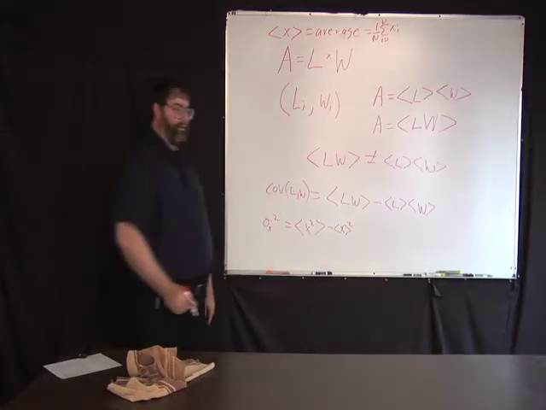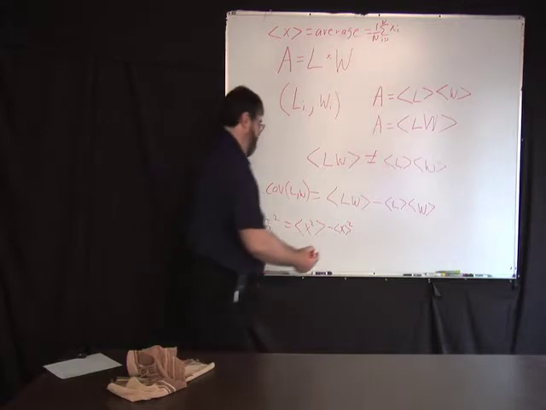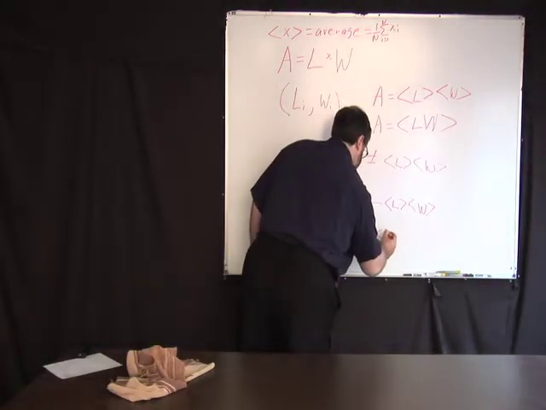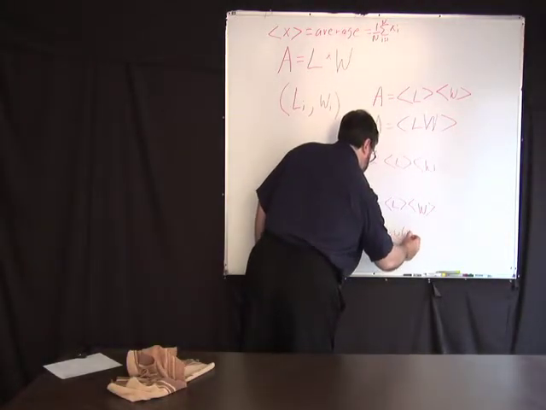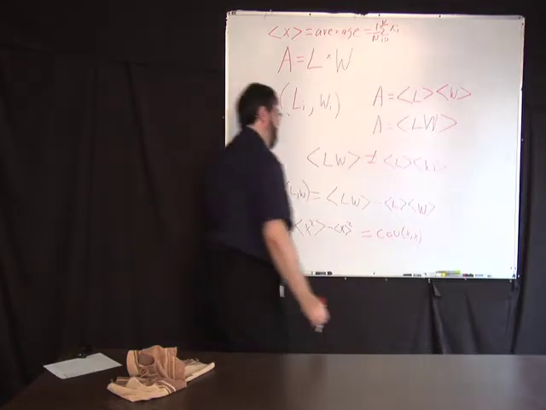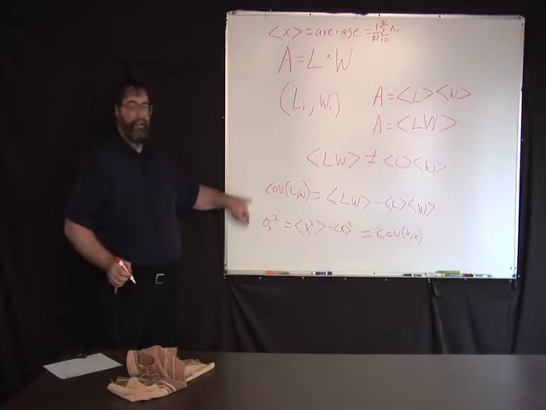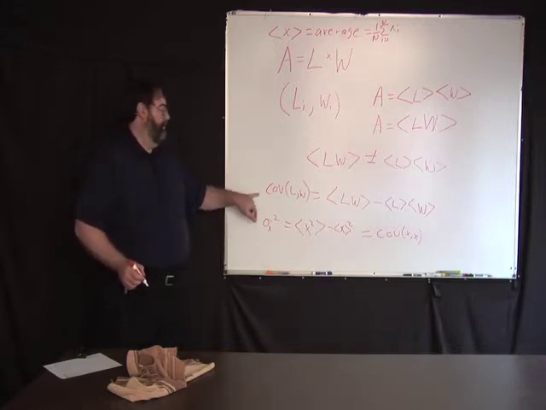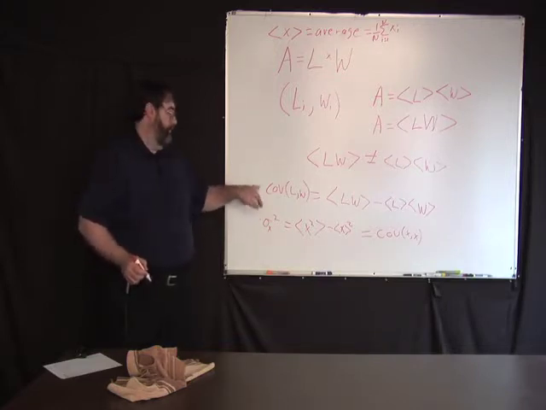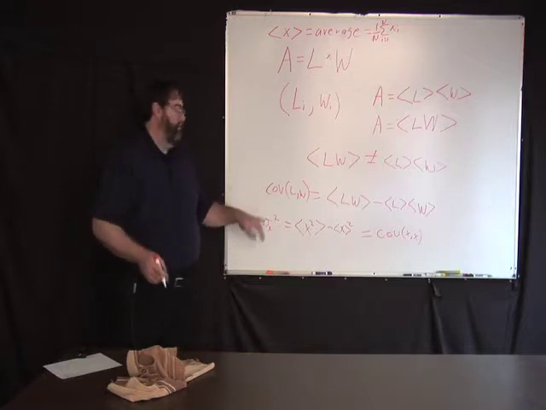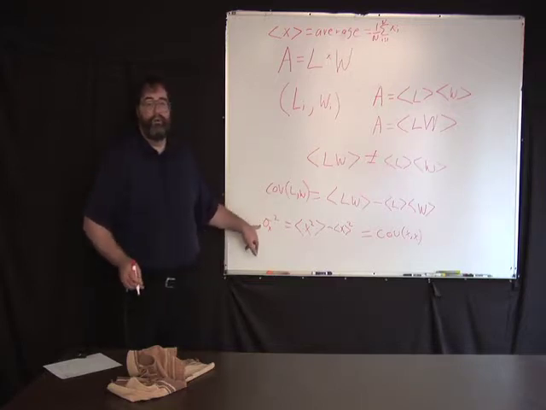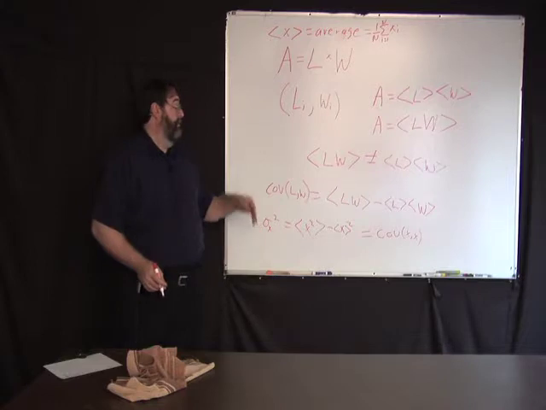Well, that is the covariance of x with itself. So covariance and variance are related. Covariance tells you how two variables can vary together, and variance tells you how one variable can vary by itself.